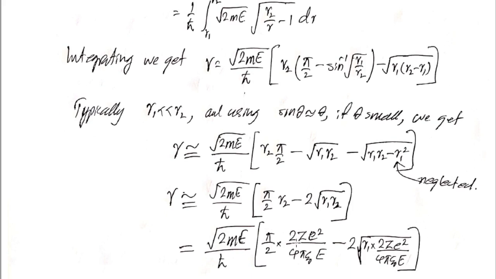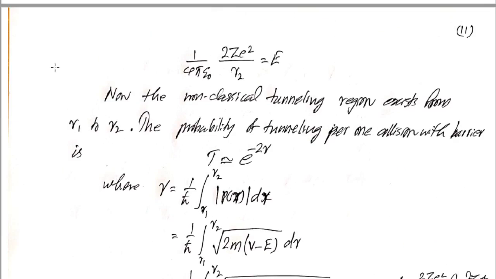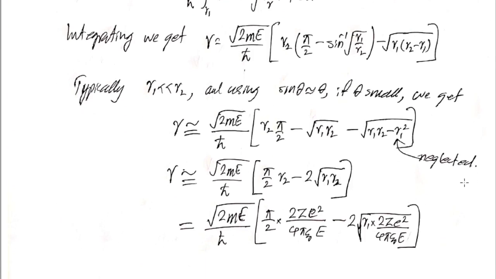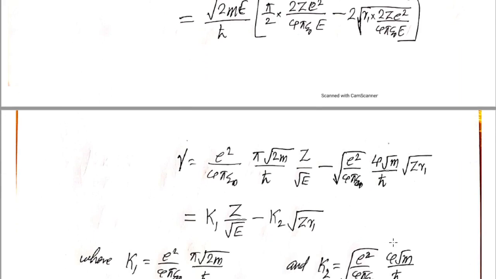The value of r2 is again obtained using this formula. Using this formula, we get r2 is equal to 1 by 4 pi epsilon 0 2Z e square by capital E. So it is 2Z e square by 4 pi epsilon 0 E, minus 2 into r1 root. That is equal to, we can see that this becomes e square by 4 pi epsilon 0, that is taken here. Then there is a pi.